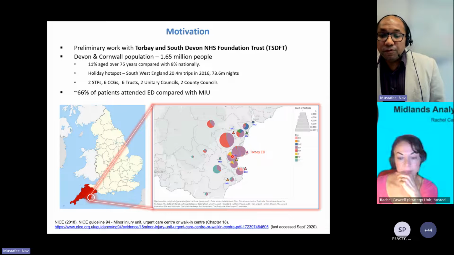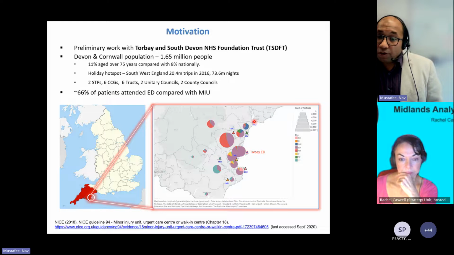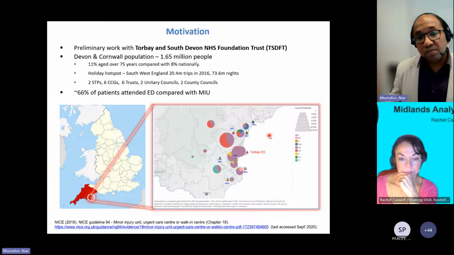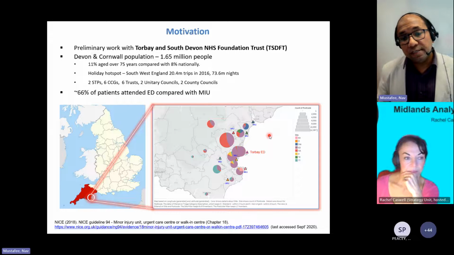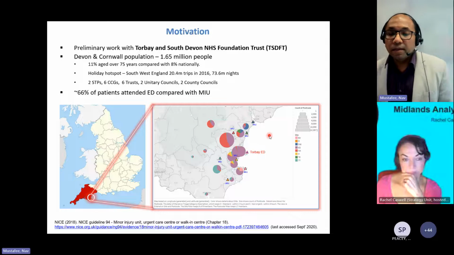In the same way, if you look at Newton Abbot, the pie chart shows the majority of people are coming from the Newton Abbot area, and so on. This is okay for MIUs. These are geographical facilities, and if people are coming to MIUs, that is good.